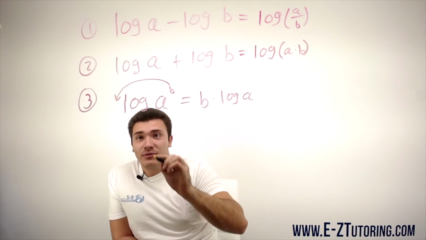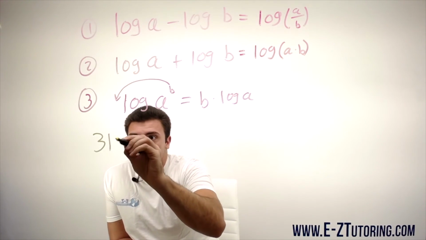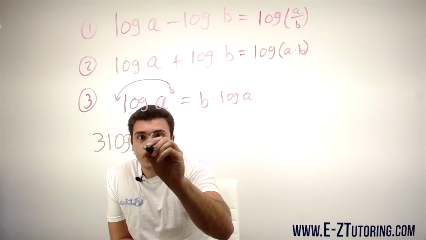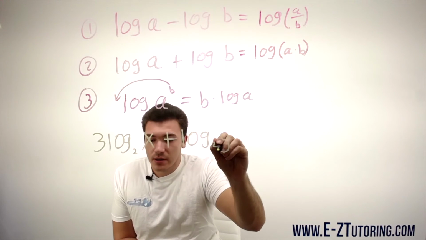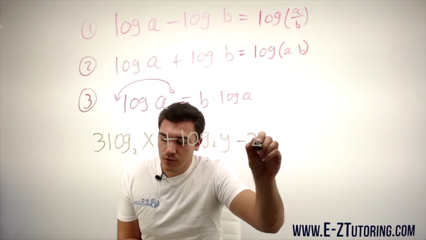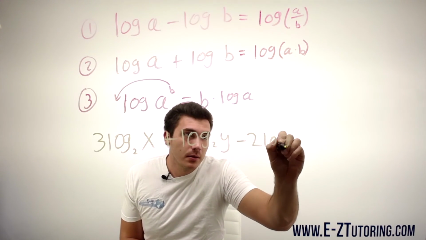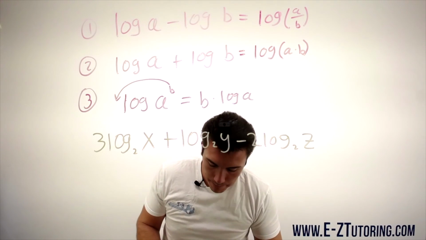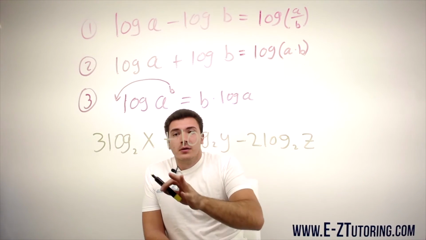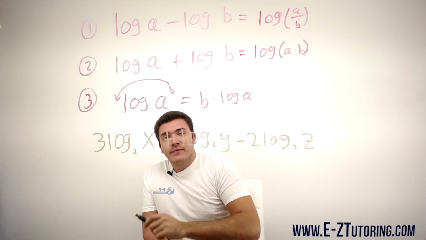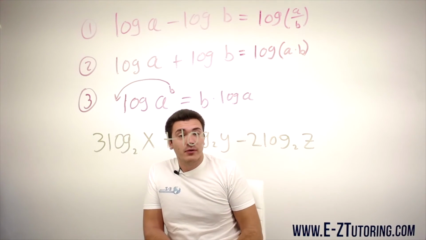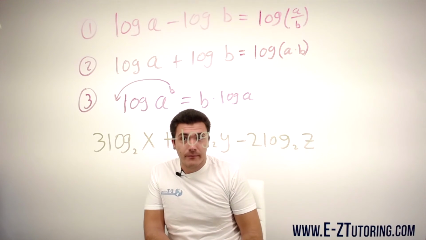Okay, so now suppose we have 3 log base 2 of x plus log base 2 of y minus 2 log base 2 of z. So once again, you have to realize that all these logarithms have the same base, which is very important, which means we can combine them.